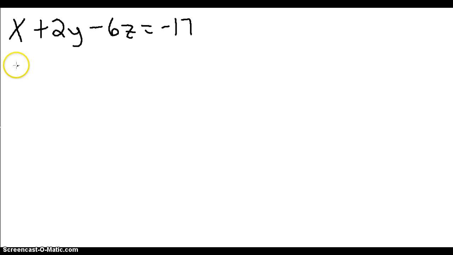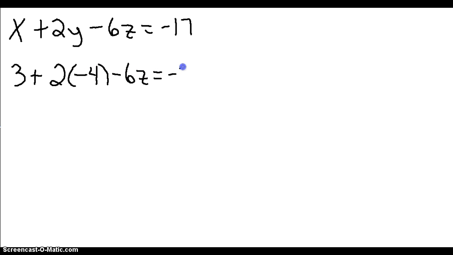And let's start replacing our values. So we know that x is 3, plus 2 times, we know that y is negative 4, minus 6z equals negative 17. From here we're just going to do the math and try to solve for z. So we're going to get 3, 2 times negative 4 is negative 8. 3 minus 8 is going to give us negative 5.